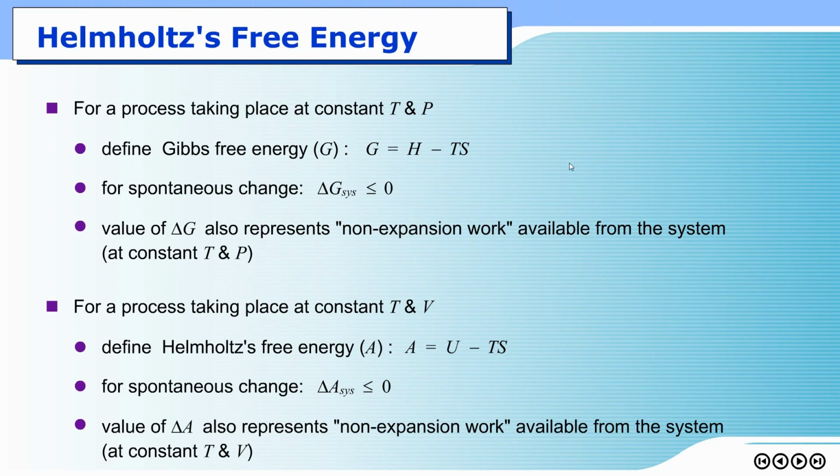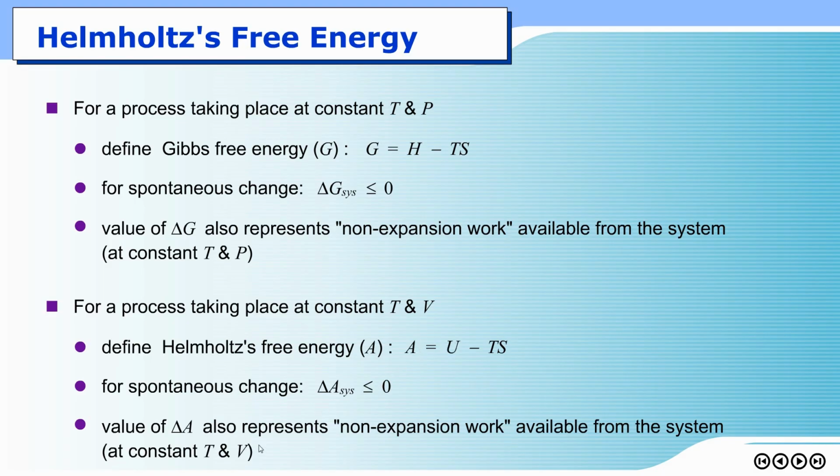Okay, so these two are very similar in form, but when you use them, you need to pick whether the system is constant pressure or constant volume. But in chemical engineering applications, most of the time the system would be constant pressure instead of constant volume, because normally we operate under an open system at constant pressure.